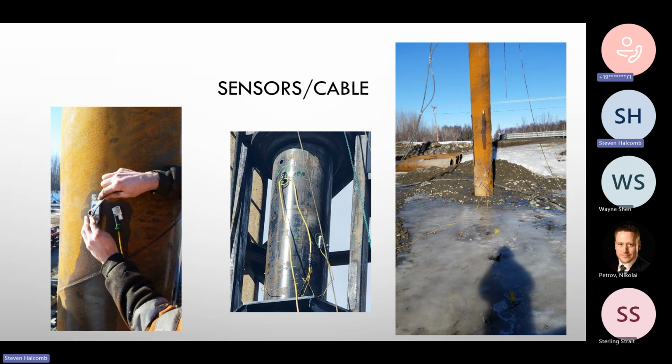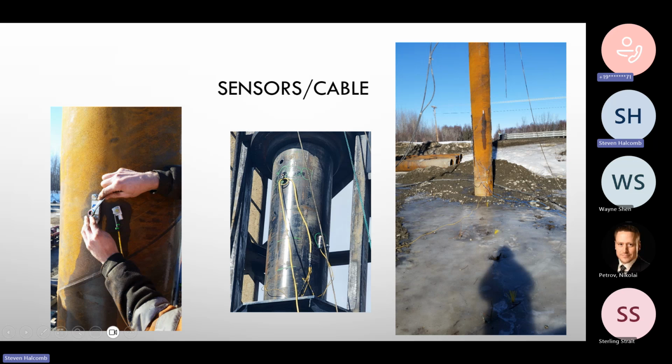My yellow cable there, I hang from the pile towards the top. That's just an extra thing I like to do for cable management. But you can see the sensors over here.